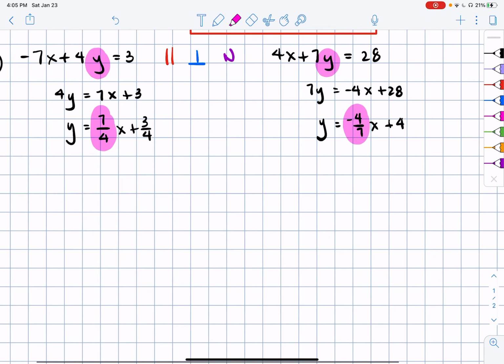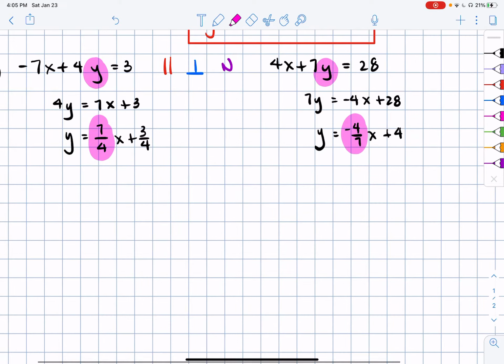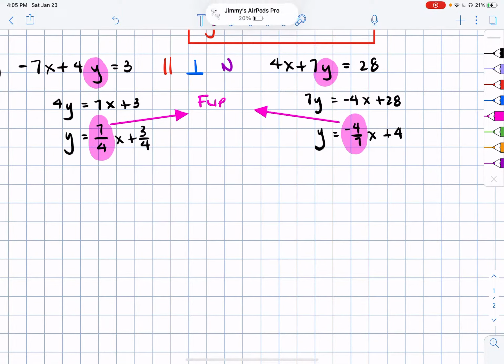When I compare the two slopes, I can take the 7 over 4, I can flip it, which would be 4 over 7, negate it would be negative 4 over 7. So they actually are flipped and negated, right? When I compare the two slopes, they are flipped and negated.